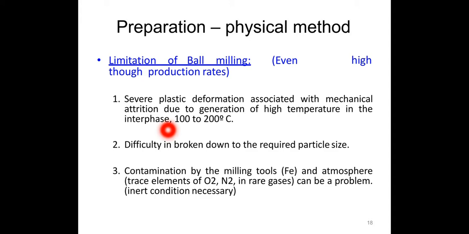When the particles are crushed between the two balls, a very high temperature is generated and plastic deformation takes place, and the temperature given here is 100 to 200 degrees Celsius. Then there is difficulty in breaking down to the required particle size.